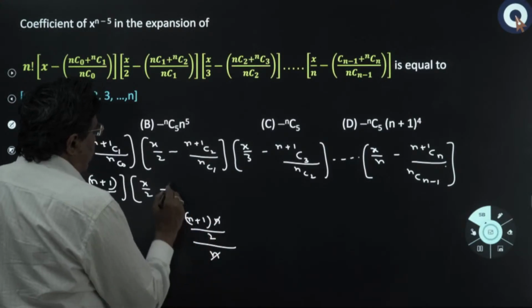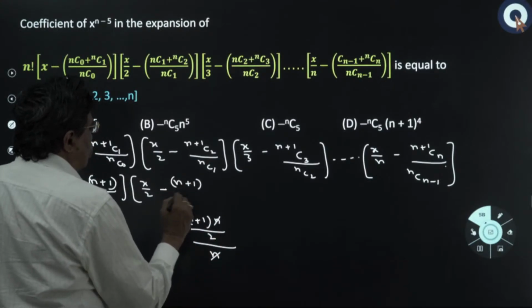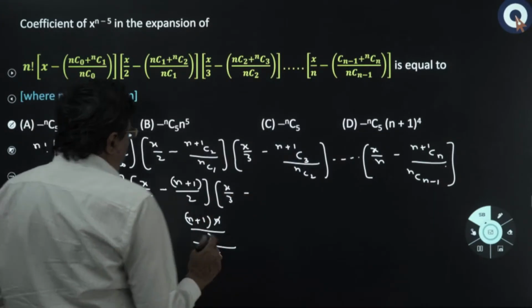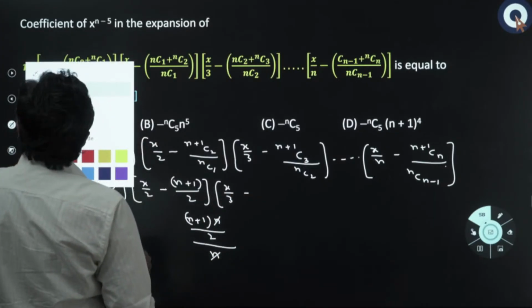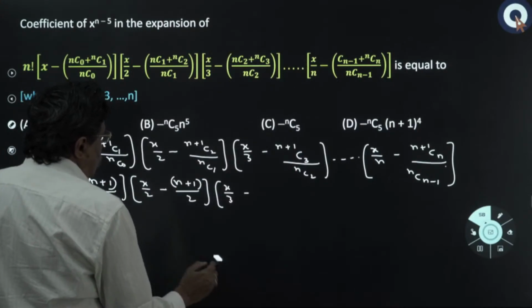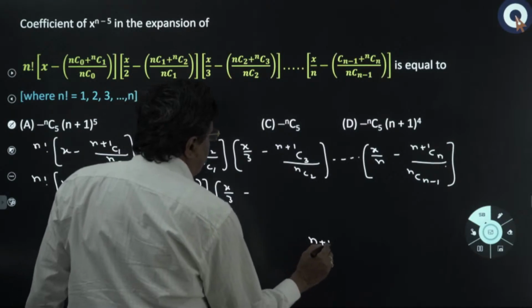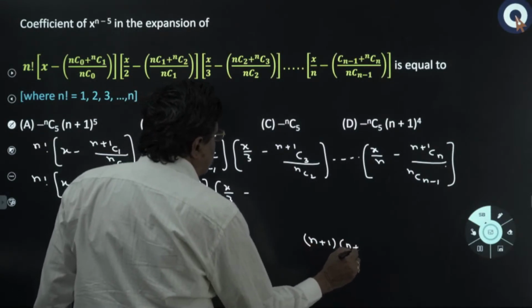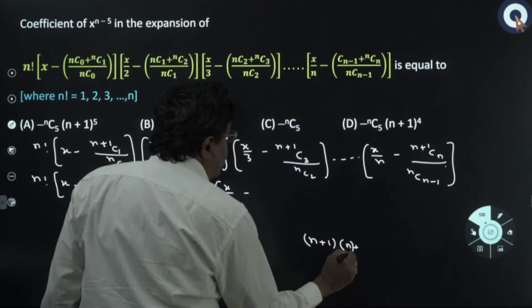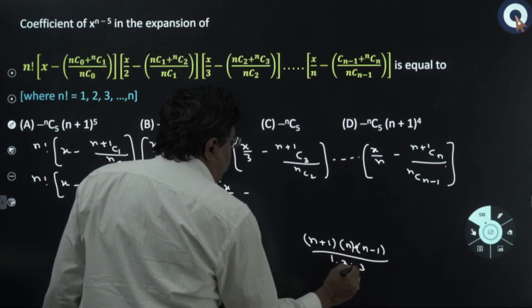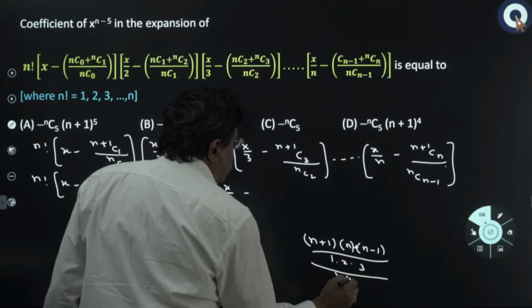So you get n plus 1 by 2 here into x by 3 into, you see here, this is n plus 1 into n plus 2 into n plus 1 into n minus 1 by 1 2 3 by n into n minus 1 by 2.